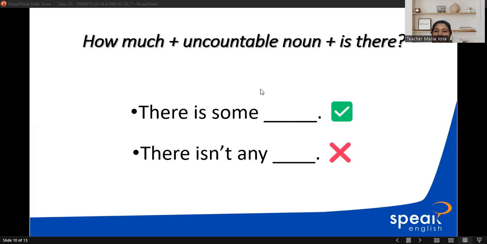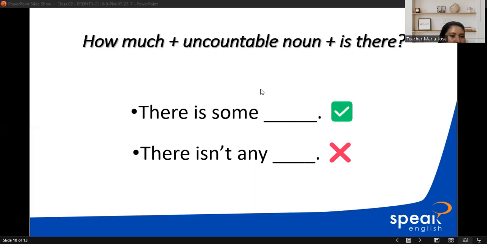Horan, how much jam is there? There is some jam. Okay, excellent. Gabriela, how much meat is there? There is some meat there. Excellent.